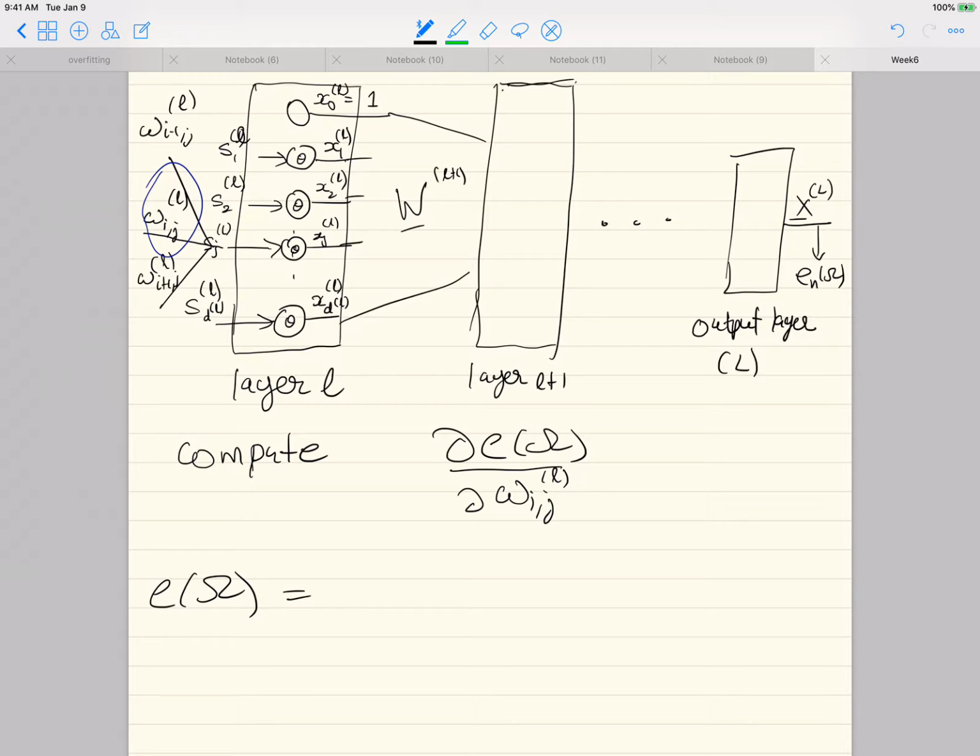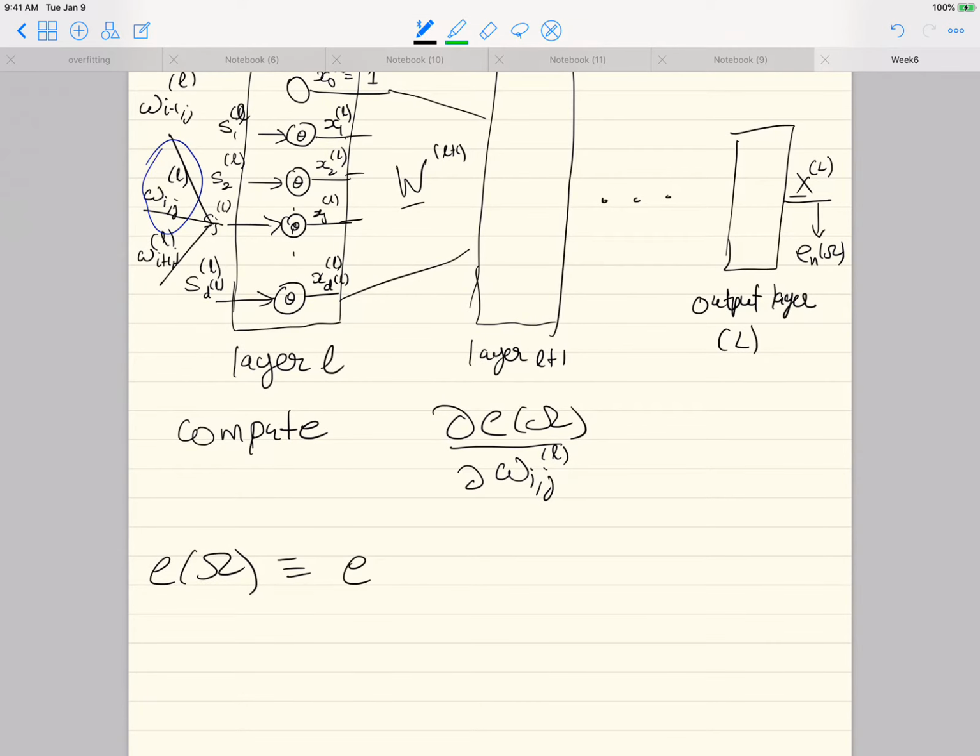So if I were to write this formally, then I can write E of omega as being dependent on S1 of L, S2 of L, up to SDL of L. These are the input values into layer L, as well as all the downstream weights.